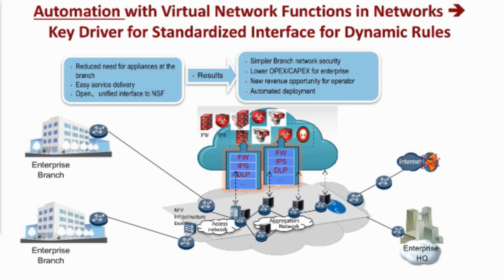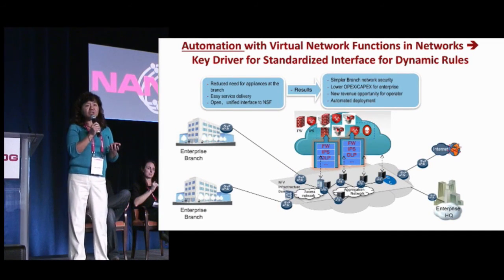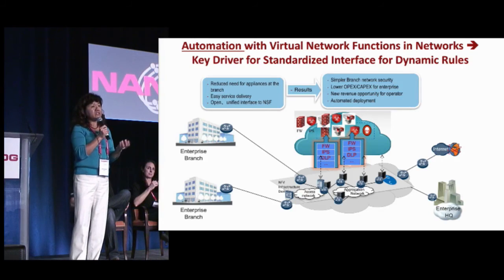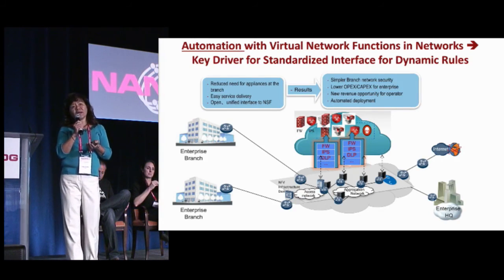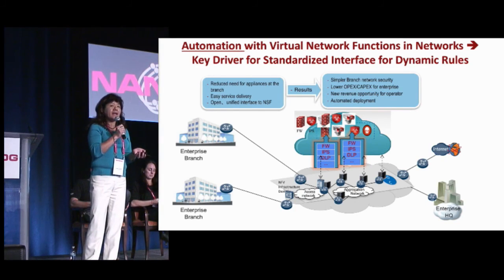But the problem is that different vendors, even though they may have the same function, even simple functions like a firewall, have different interfaces, right? This makes automation very difficult to achieve, or very troublesome whenever a new vendor is introduced and you have to change your interface. So I2NSF's goal is to provide a standardized interface for those dynamic rules.